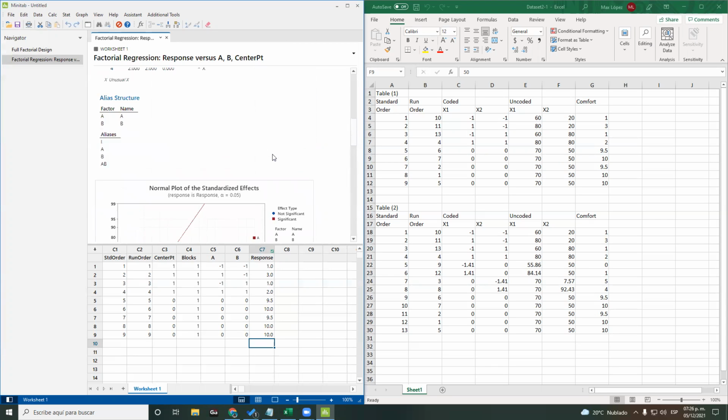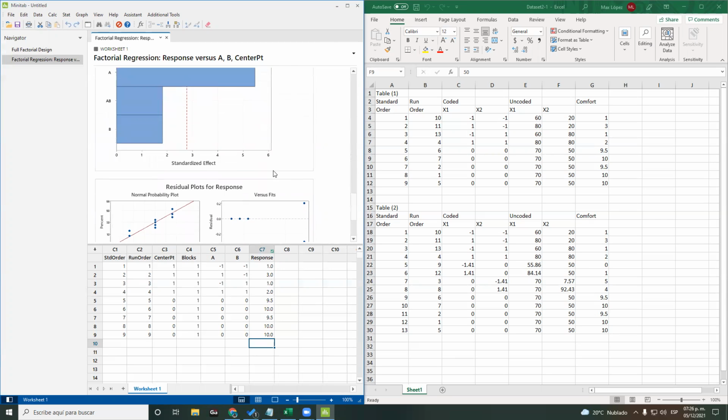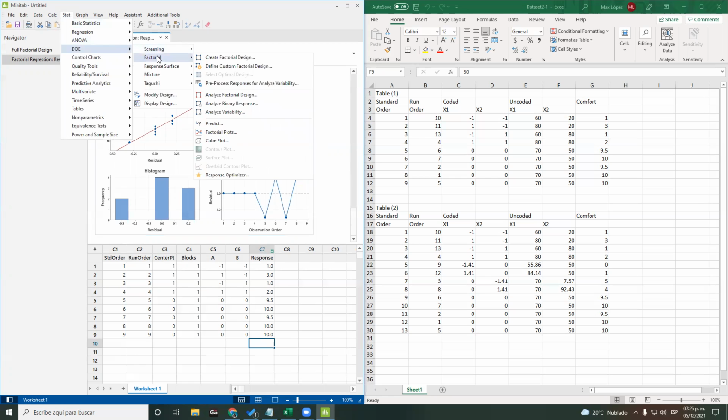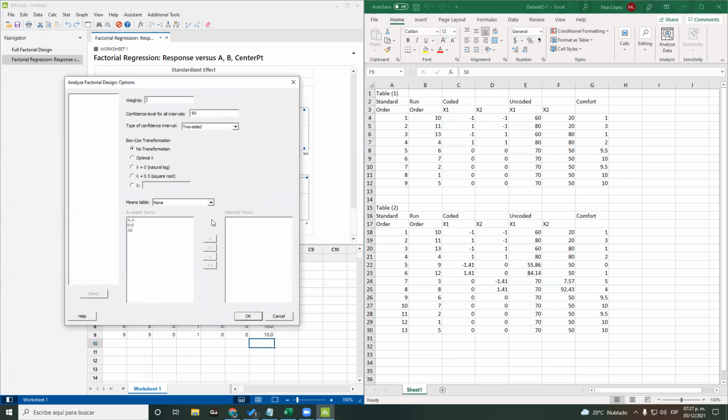I would say since we have a pretty nice R squared and R squared adjusted, we could just consider improving the normalization of the data and the residuals. So I will apply first the Box-Cox transformation.